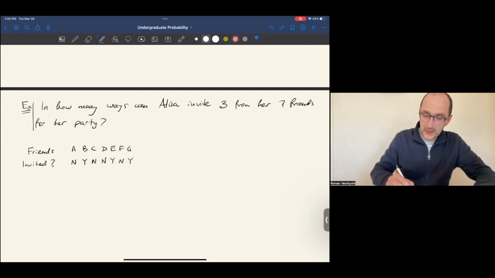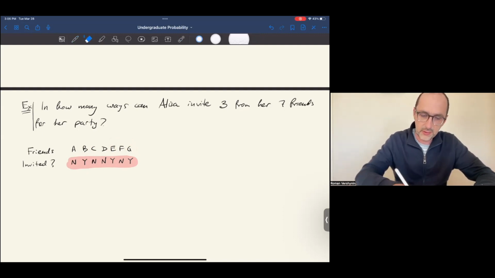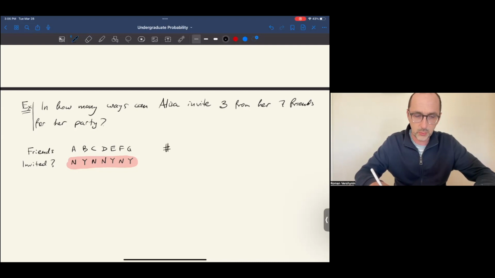And we can think of an invitation list now as a word, a 7-letter word made up of 2 letters, Y and N. How many such words are there?